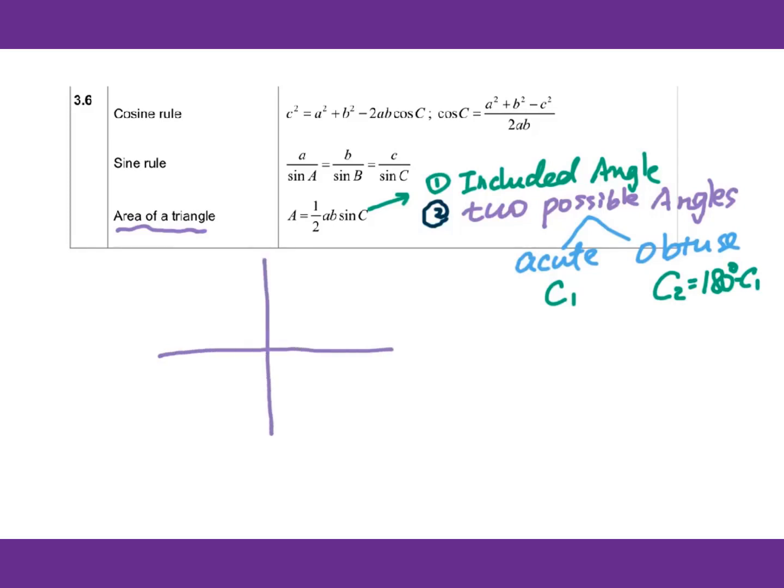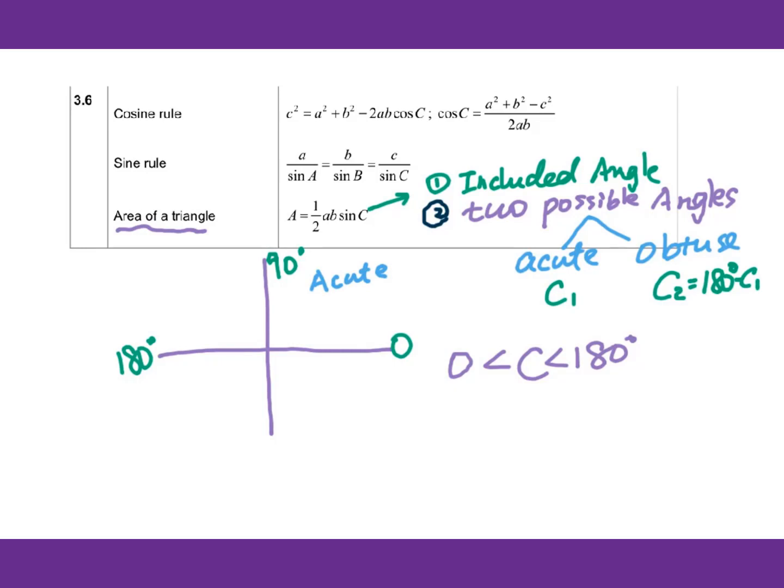Suppose the C is the angle in a triangle. Therefore, C will be between 0 to 180 degree. This is 0 degree, this is 180 degree, here's 90 degree. For angle in a triangle between 0 to 90, we call that an acute angle.